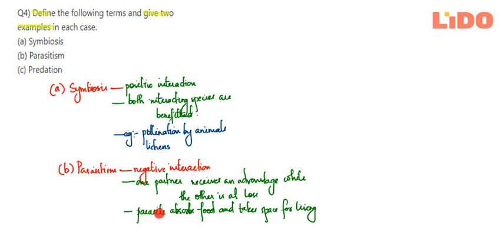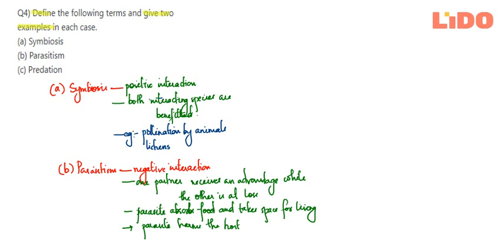When it is fed up of one host, it moves on to the other. So in effect, the parasite harms the host. That is why it is called a negative interaction. And sometimes the host may never revive, or they may reduce their growth, reproduction, etc. That is why it harms the host, and it is a negative interaction.